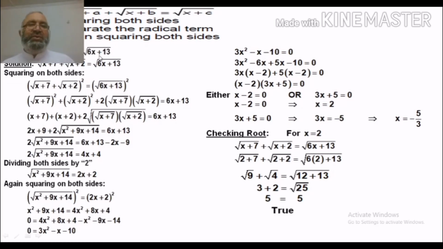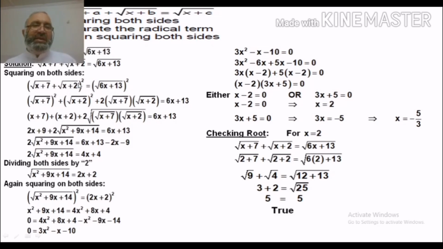So in type 2, the first step, squaring both sides. So squaring on both sides. On the left side there are two terms, (√(x plus 7) plus √(x plus 2)) whole square is equal to, on the right side there is one term, (√(6x plus 13)) square. On the left side, the square of two terms is in the form (a plus b) whole square, which expands as a square plus b square plus 2ab.